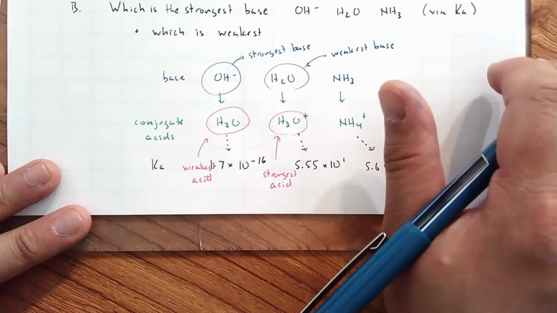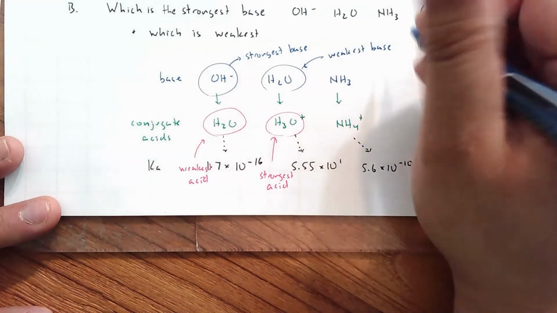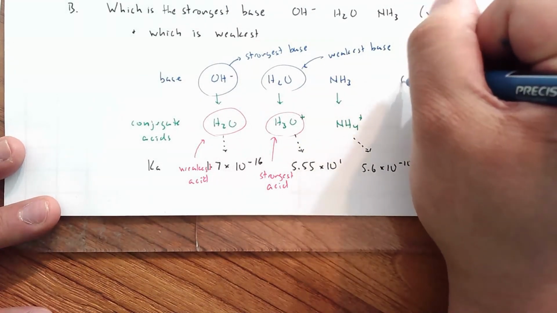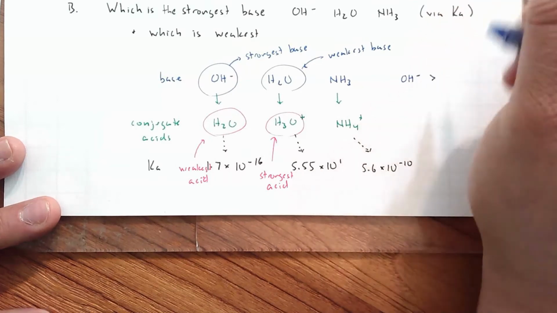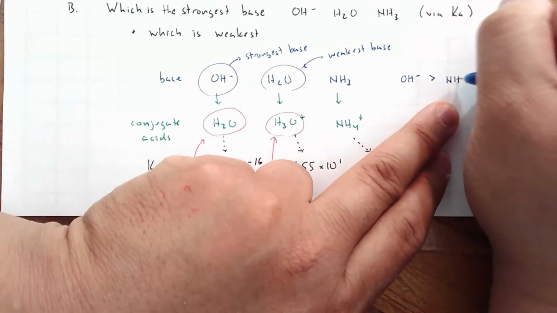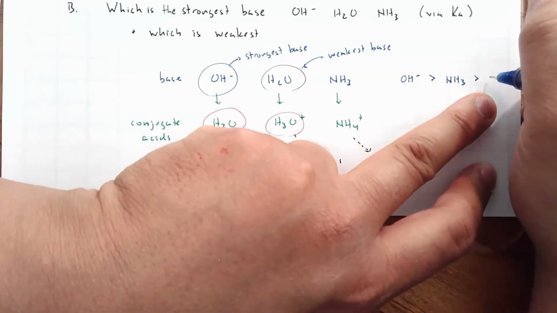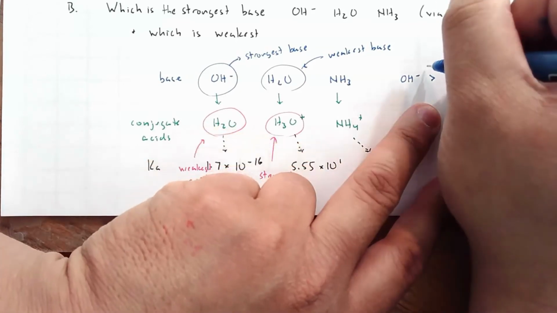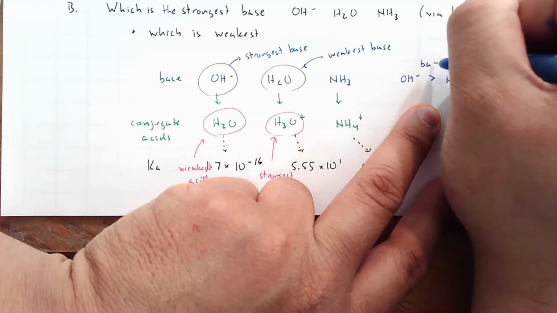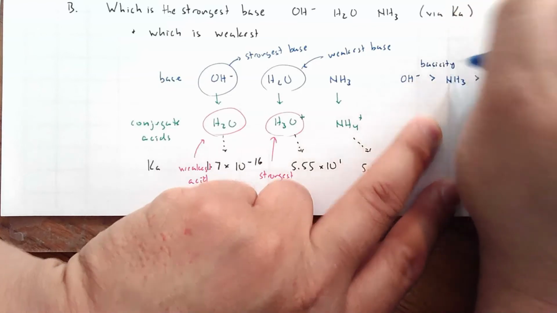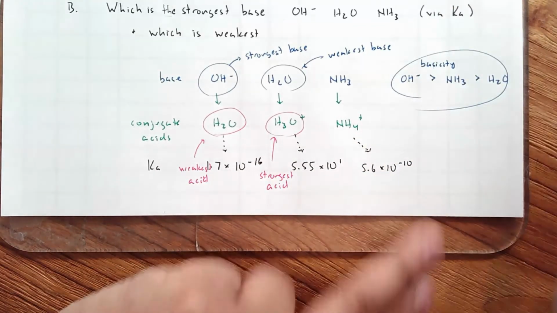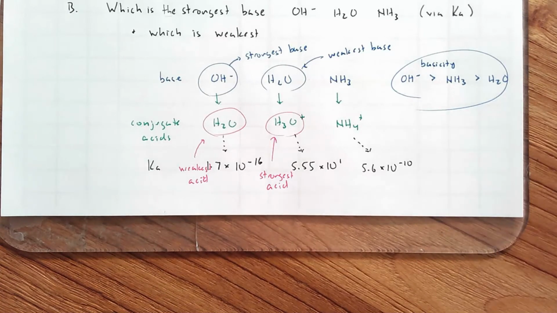In order of basicity, maybe you could write something like this: OH minus greater than NH3 greater than H2O. And this is, again, decreasing basicity.